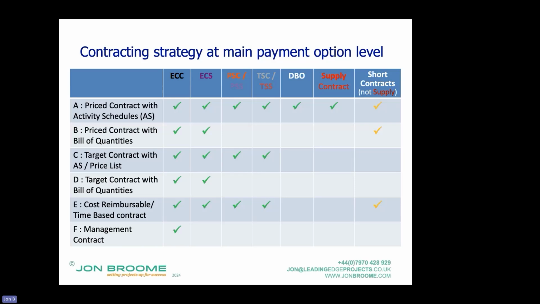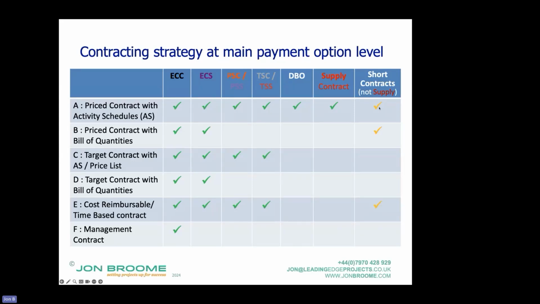Okay. When we look along here, with the term service contract, options A and C are actually with a price list, as in it can be quantity times rate, but they call it an activity schedule.